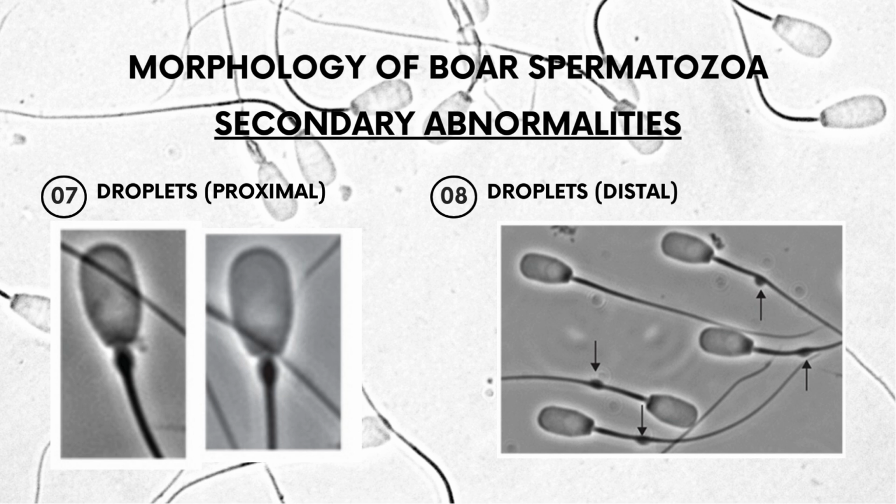Thus, the greater or lesser presence in the ejaculate of immature spermatozoa allows us to ascertain the extent to which the sperm epididymal maturation has progressed. Therefore, distal drops provide a better prognosis for the viability and fertilizing capacity of sperm than the proximal type, because they are cells which have developed further in their maturation process.